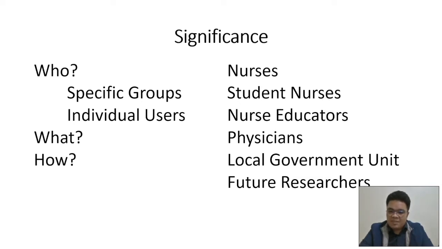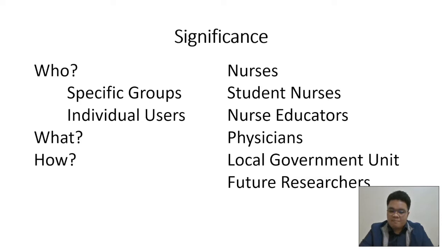So under the who, you need to think of specific groups or individual users. Commonly in nursing research, you are considering your nurses, the student nurses, then the nurse educators, then the physician.